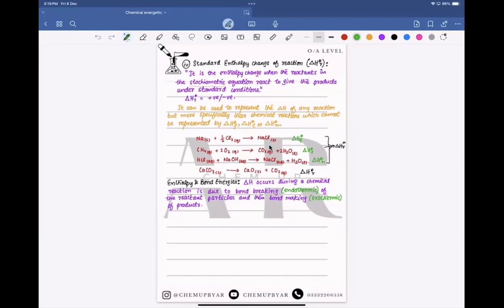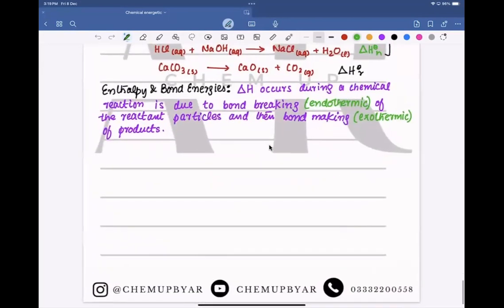Okay. So here you can write these statements. If the examiner asks you to explain a reaction being exothermic or endothermic in terms of bond breaking and bond making, then you will do this.